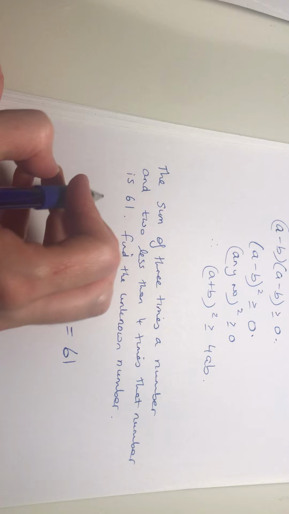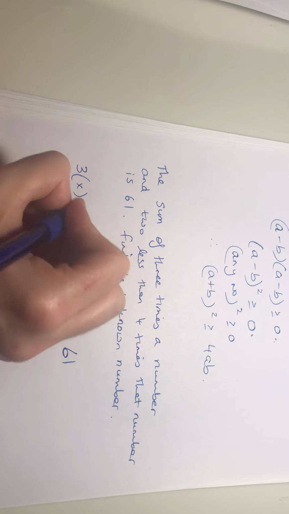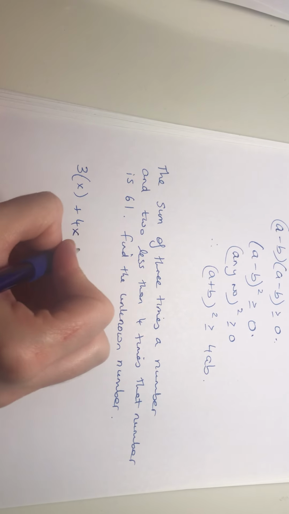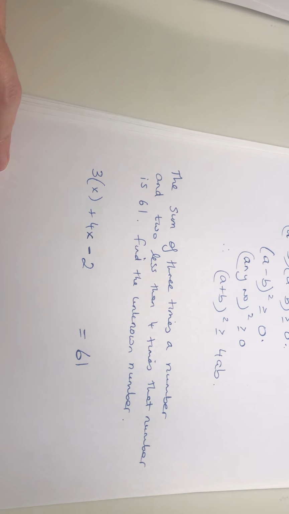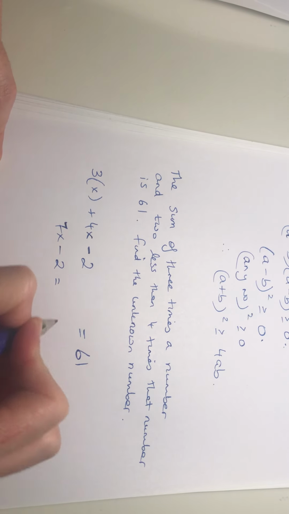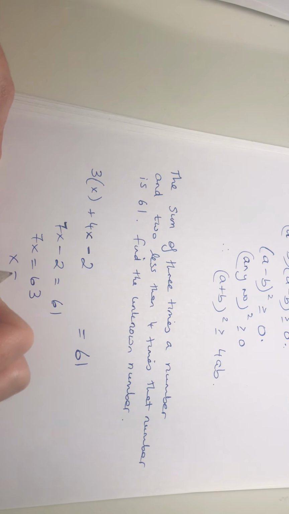So sum of 3 times a number and 2 less than 4 times that number is 61. So that's 7x minus 2 is equal to 61. 7x is equal to 63, x is equal to 9.